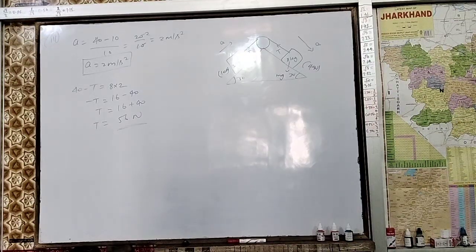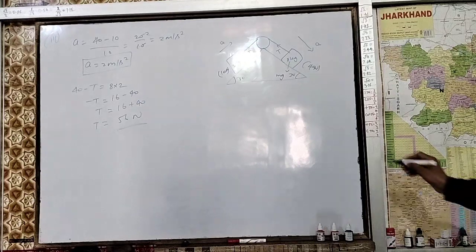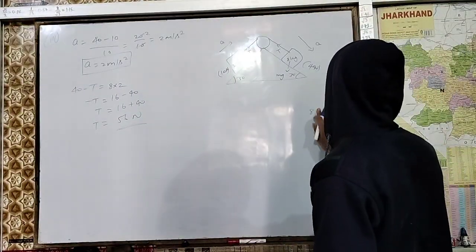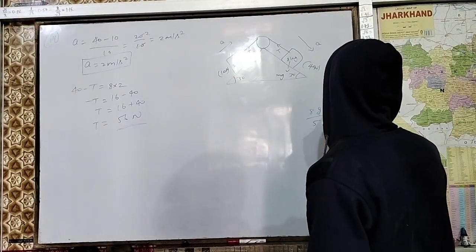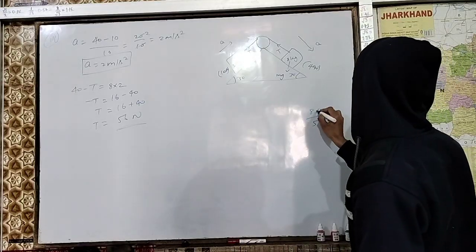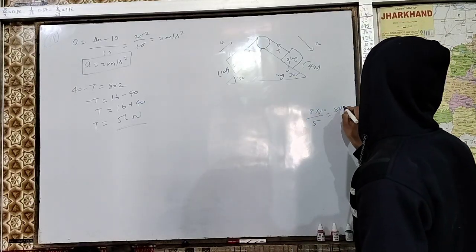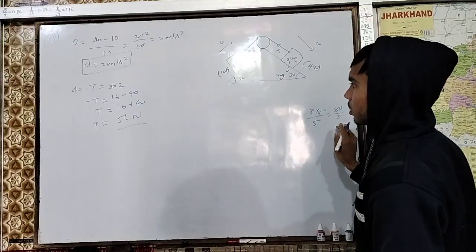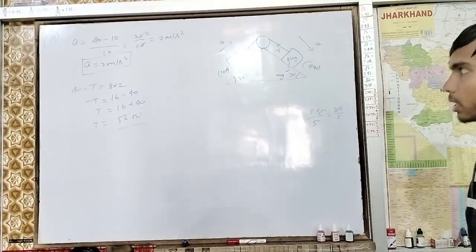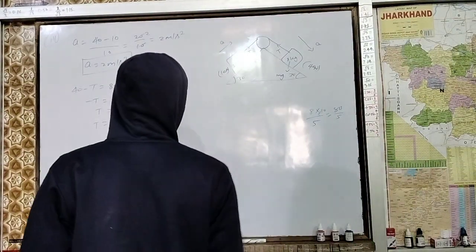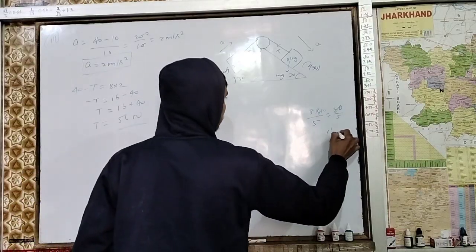Okay, 56 Newton. Hg upon 8z upon 5, so 10. 85. T is 60 Newton.